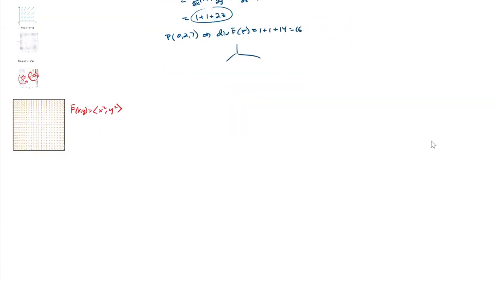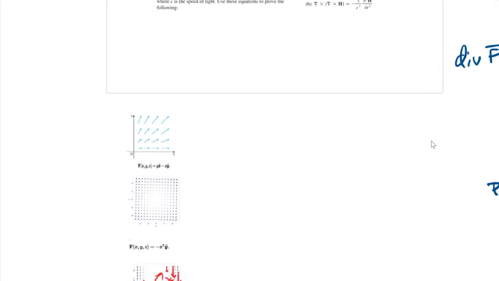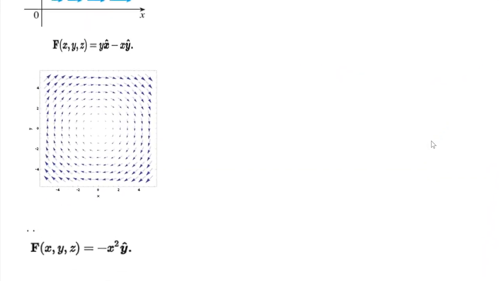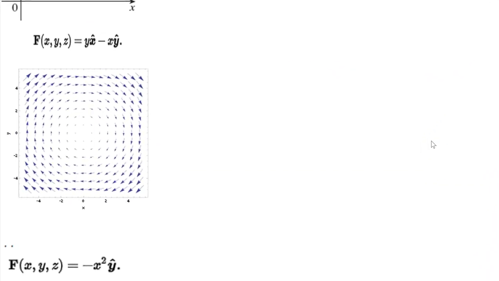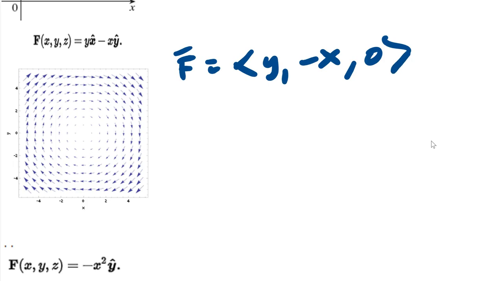Let's look at a couple of examples. Let's look at this example here. This vector field is f equals y, negative x, and then 0. It's not written there, but it's implied because it's a planar vector field.